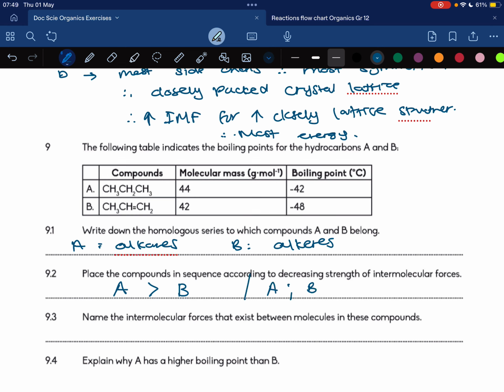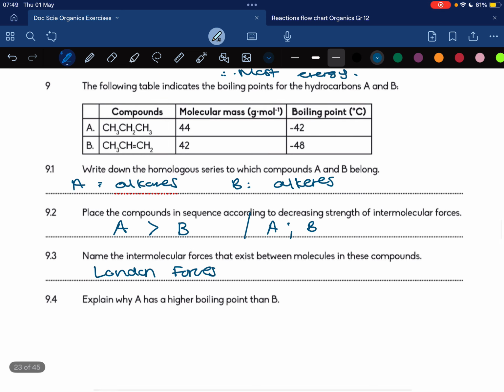Then it says name the intermolecular force that exists between molecules in these compounds. Okay, they share the same, which is London forces. Then it says explain why A would have the higher boiling point than B. So propane has a larger electron cloud than propene.